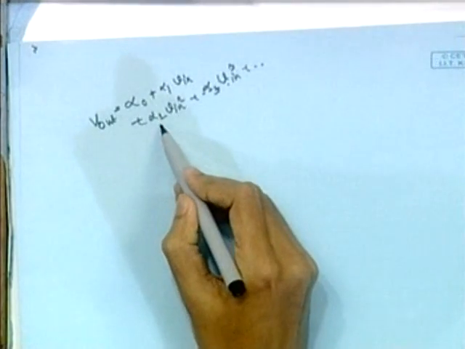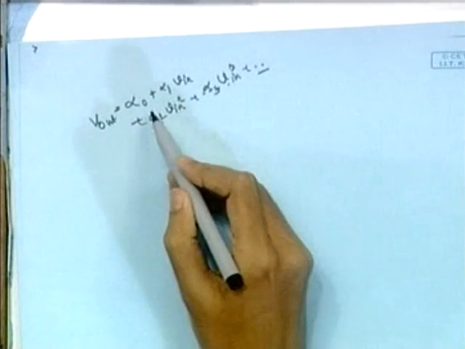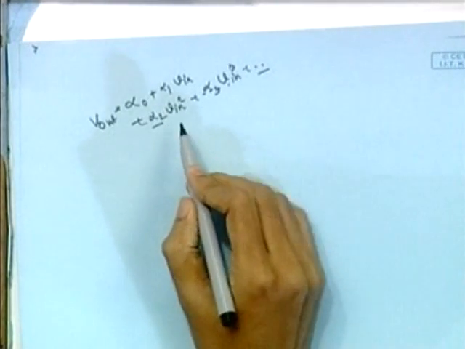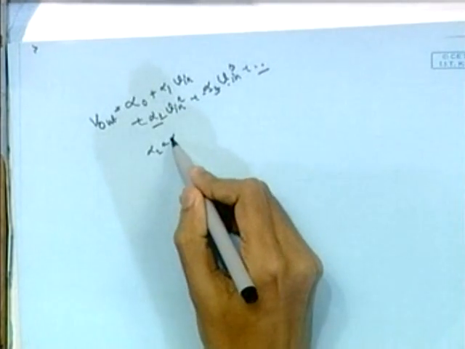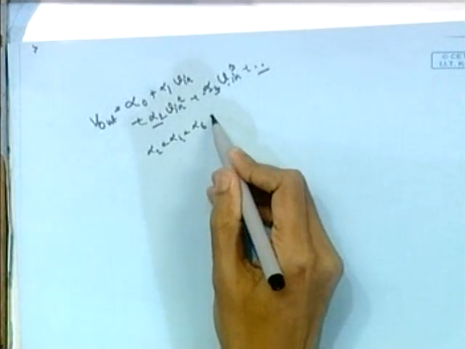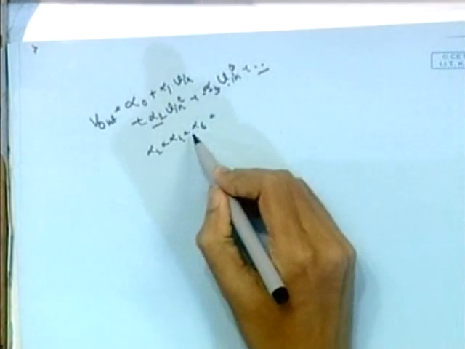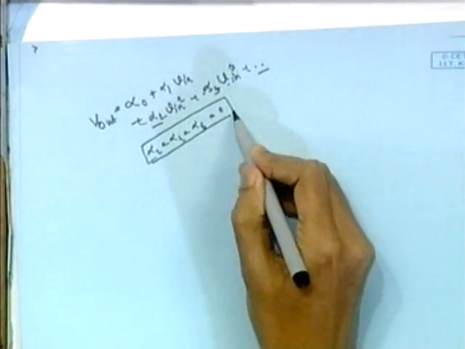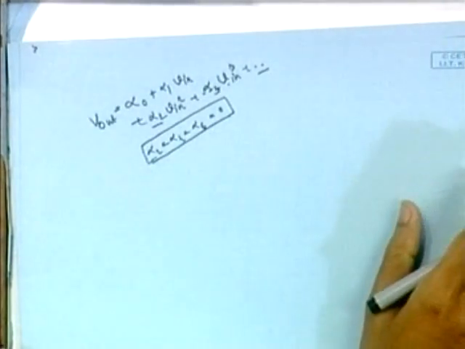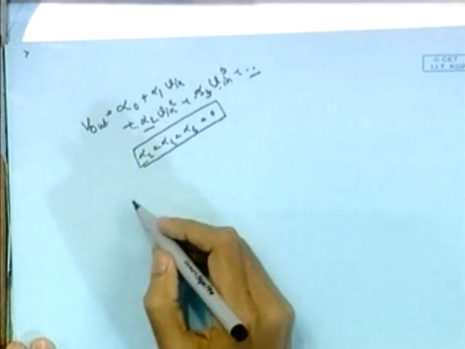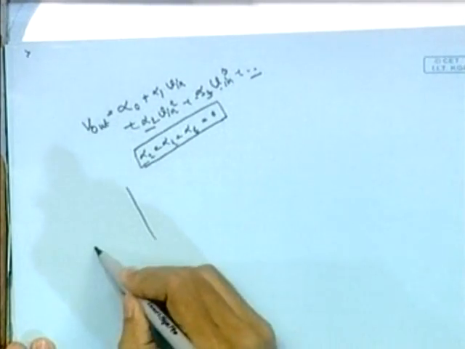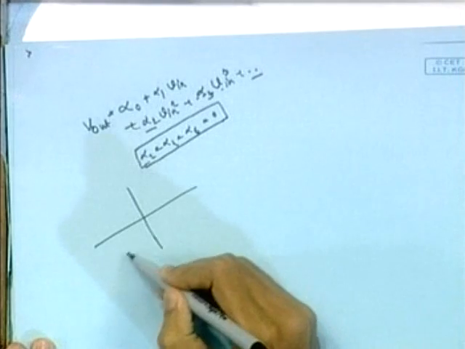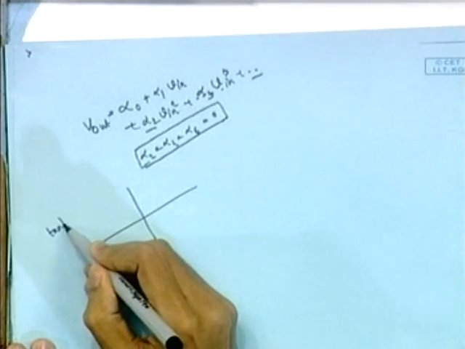If for a particular system alpha 2, alpha 4, alpha 6, all the even coefficients are 0, then the system exhibits differential amplifier type of behavior. And the most generic function showing this is tan hyperbolic, tanh of something.